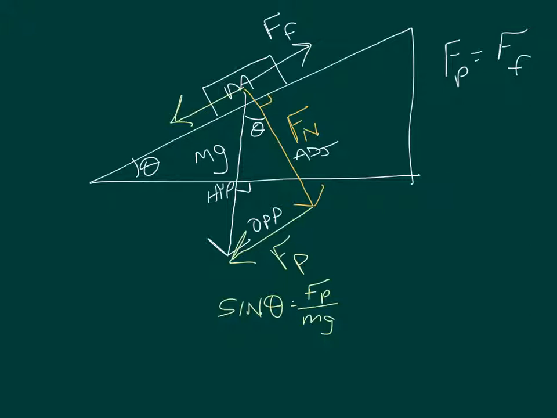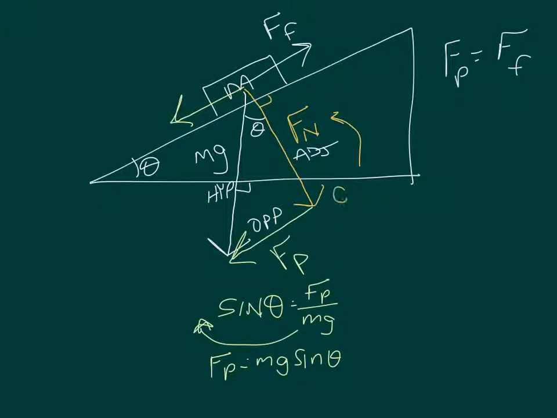Okay, so bringing the mg over here, I can write an equation that says the parallel force is mg sine theta. And it's always that. Every time you break up forces on a ramp, the parallel side is always mg sine theta. You might not need this, but just so you know, over here on the normal side, that's the adjacent side.